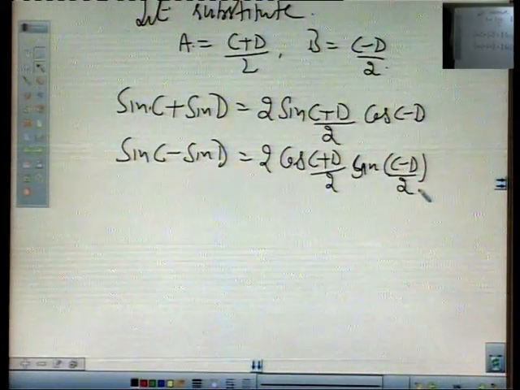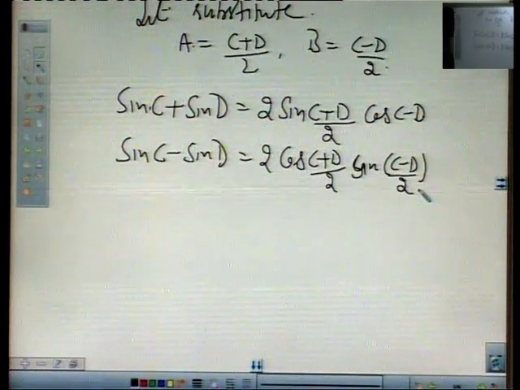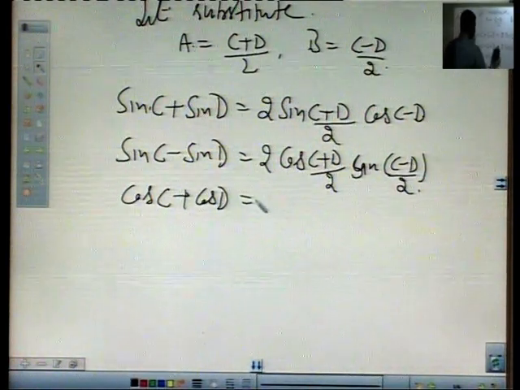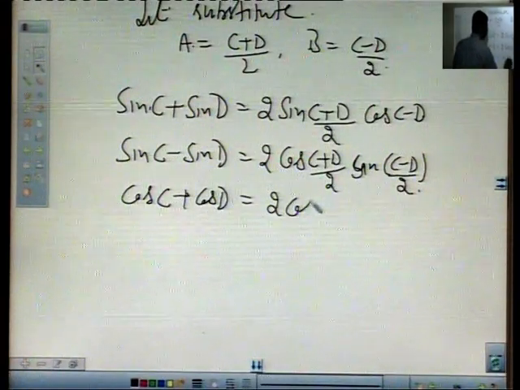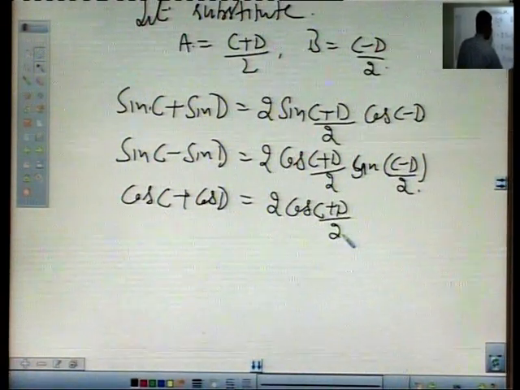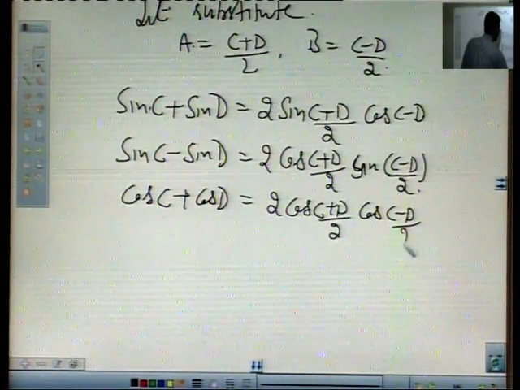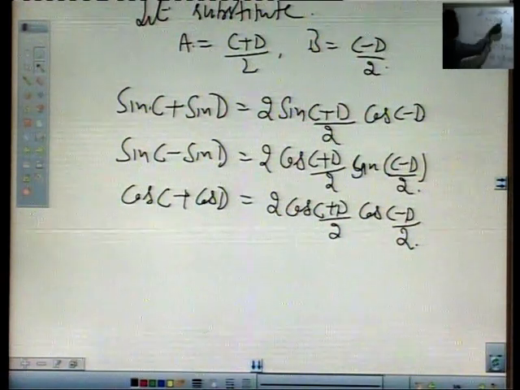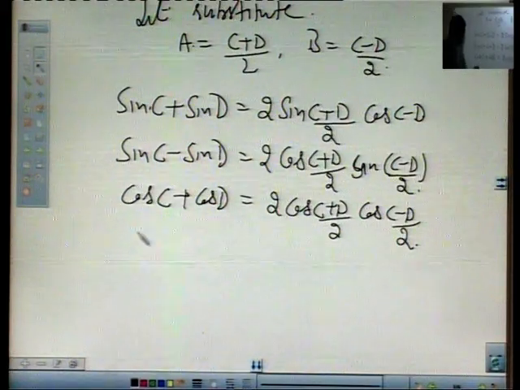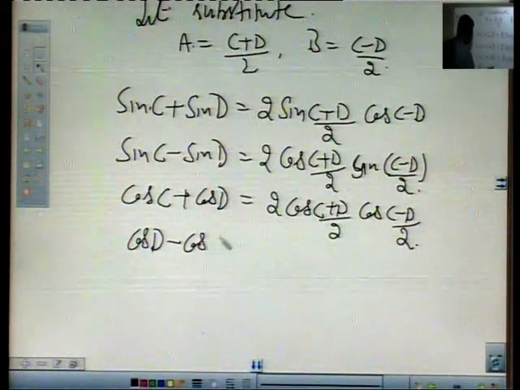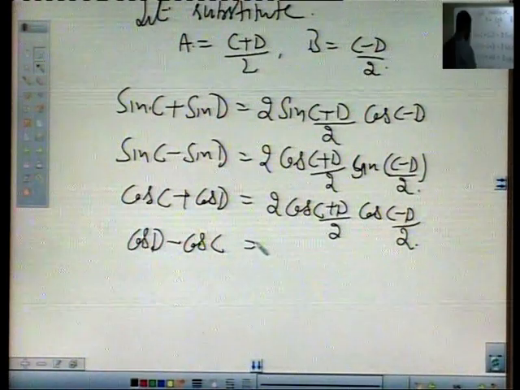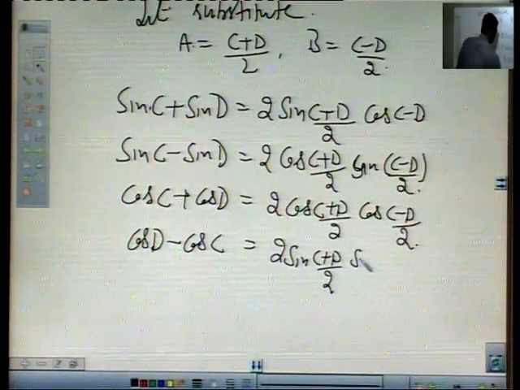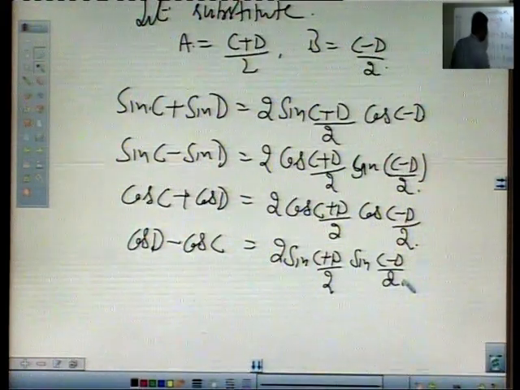Similarly, if you substitute the value of A and B in equation number 7, you will get cos C plus cos D is equal to 2 cos C plus D by 2 cos C minus D by 2, and lastly, when you substitute the value of A and B in equation number 8, you will get cos D minus cos C is equal to 2 sin C plus D by 2 sin C minus D by 2.